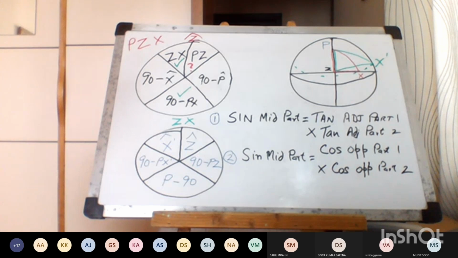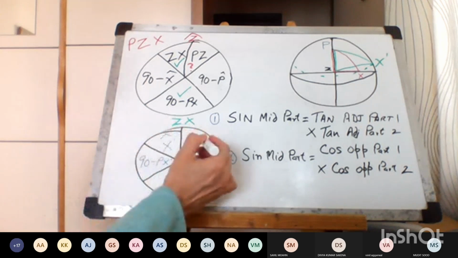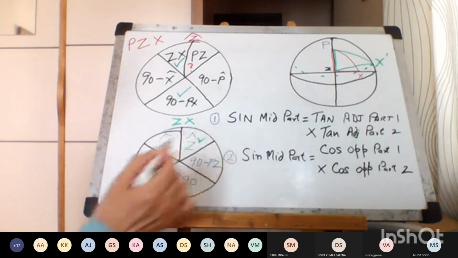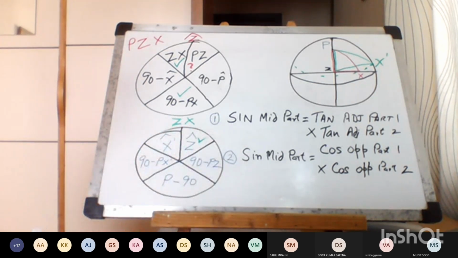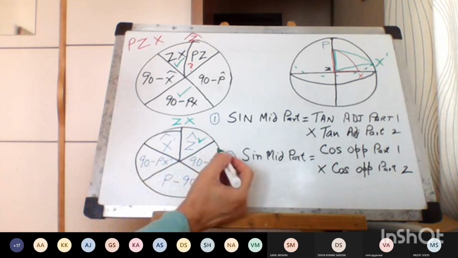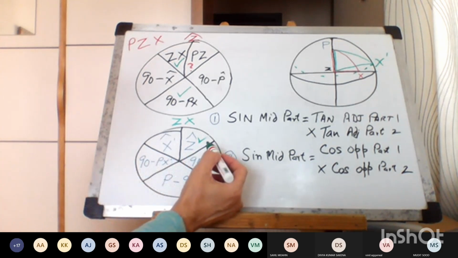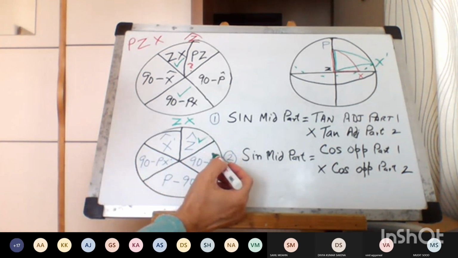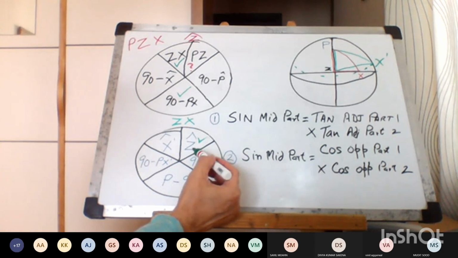And let us say I know my latitude. Sorry, this one, that is angle Z, the azimuth. I know the azimuth.